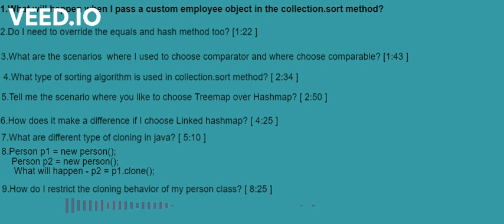So what is a shallow copy? Let's suppose I have one Person class, and in that Person we have one Address class as a dependency. Address has many other attributes like street, city, state. A shallow copy will create a copy of the Person class, but all the attributes of Address won't get copied, and it will refer to the original one.